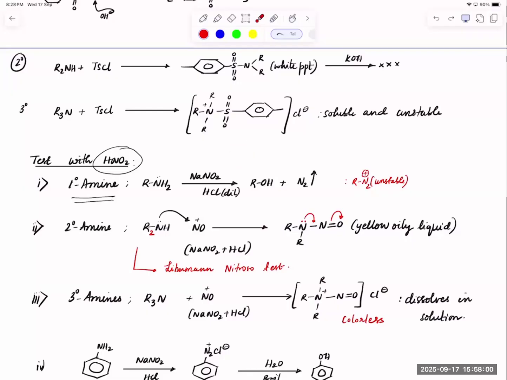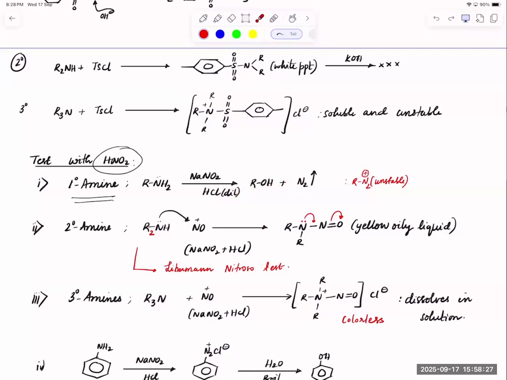And NO plus is an electrophile. So N double bond O is there. The lone pair will attack here. You will get this as RN2 plus, the diazonium salt. And from diazonium salt, N2 can be removed out. And because you keep it in an aqueous solution, the carbocation will be attacked by water and it will convert finally into an alcohol.